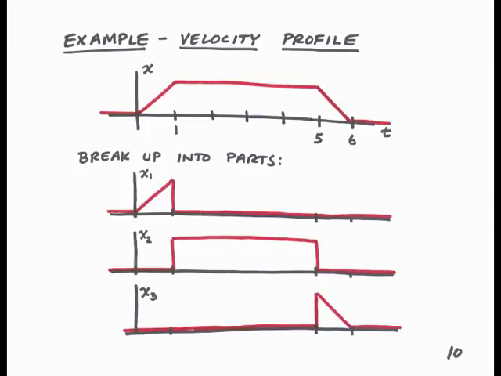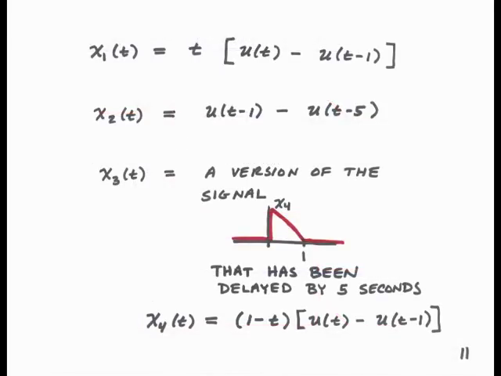So our task now is to figure out how to make x1, x2, and x3 by using unit step signals. Now, from the previous example, you probably have a good idea how to compose x2 from unit step signals. But what about x1 and x3? These look a bit more complicated. Let's take a look at x1 first.